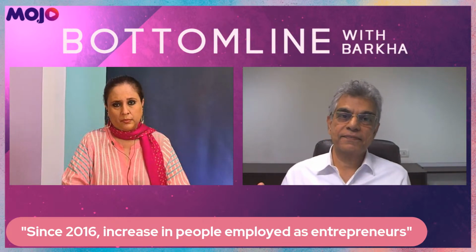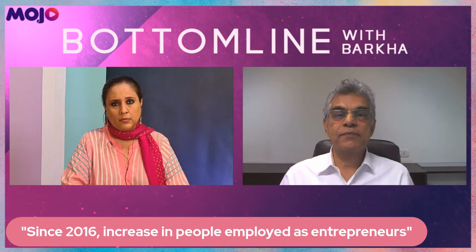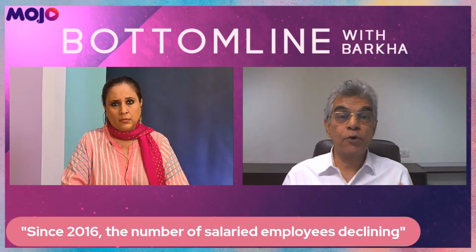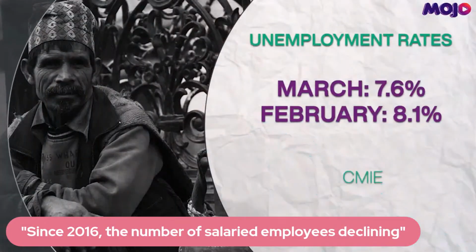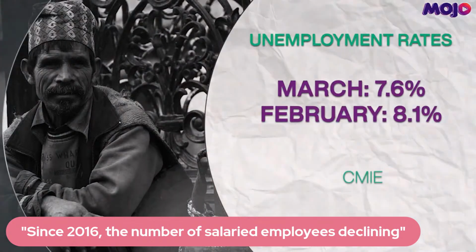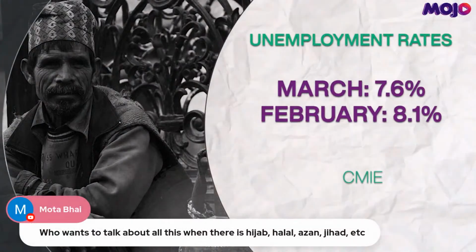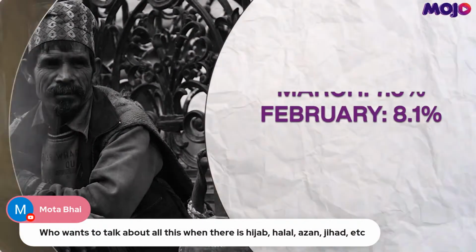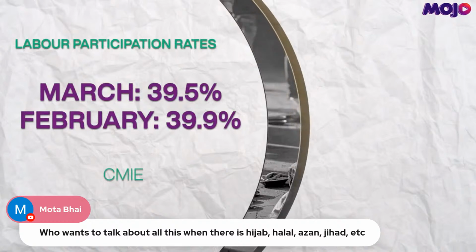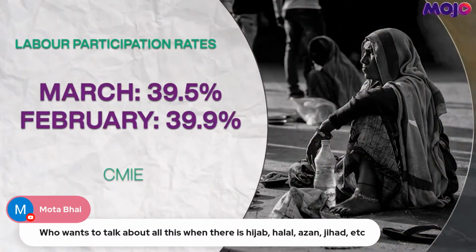What does this mean? This means that people are declaring themselves to be self-employed or as entrepreneurs, not because they are really entrepreneurs, but because they had no choice. They could not find decent salaried jobs and they became entrepreneurs. It is difficult to comprehend a rise in entrepreneurship and a fall in jobs. It can't be.